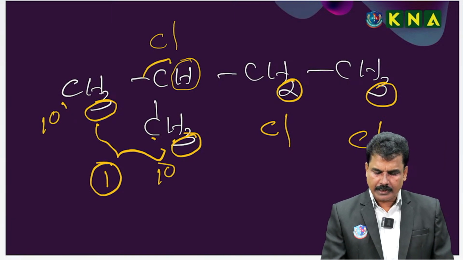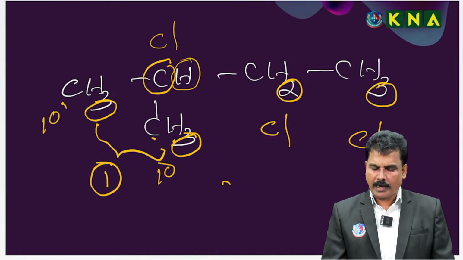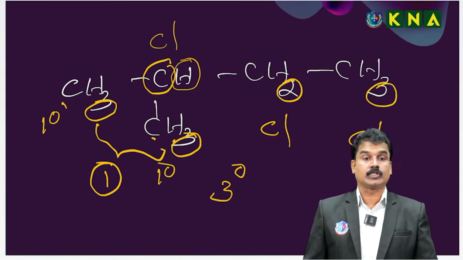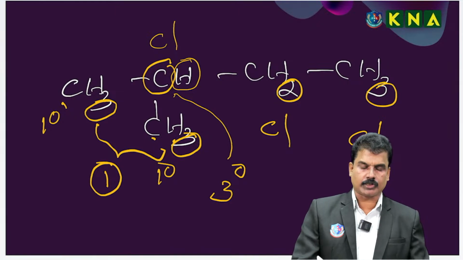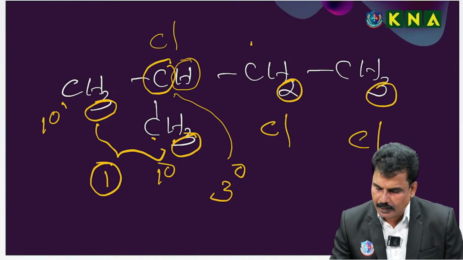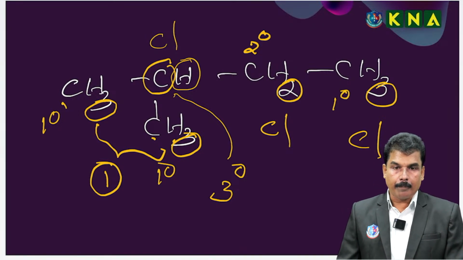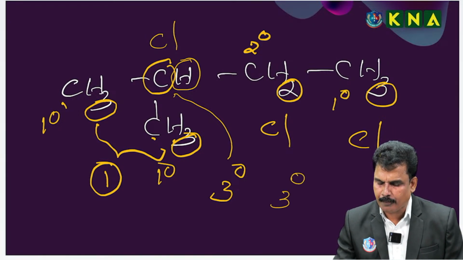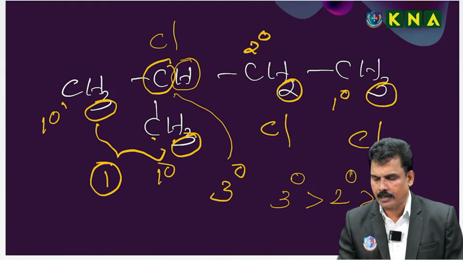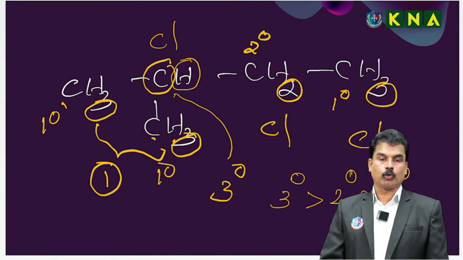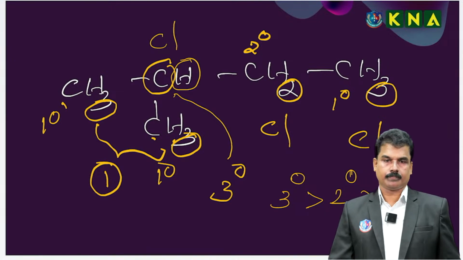Then in this case, when you are replacing hydrogen, what type of free radical? Tertiary free radical. Here which free radical? Secondary free radical. Here primary free radical. Among the 3 free radicals, which is most stable? Tertiary, then secondary and then primary, due to plus I effect of alkyl groups.